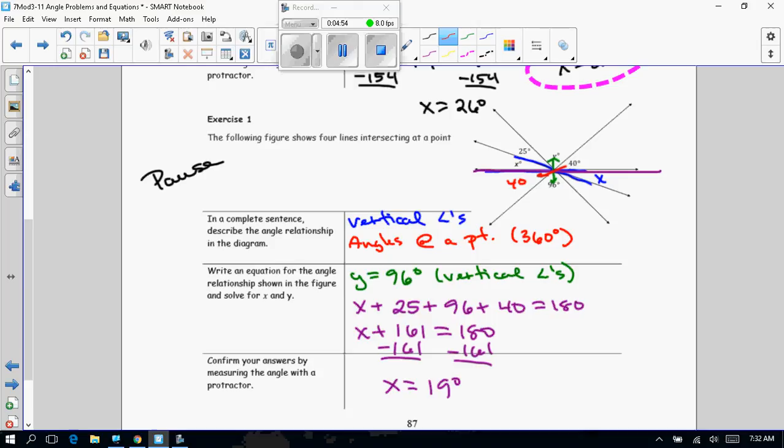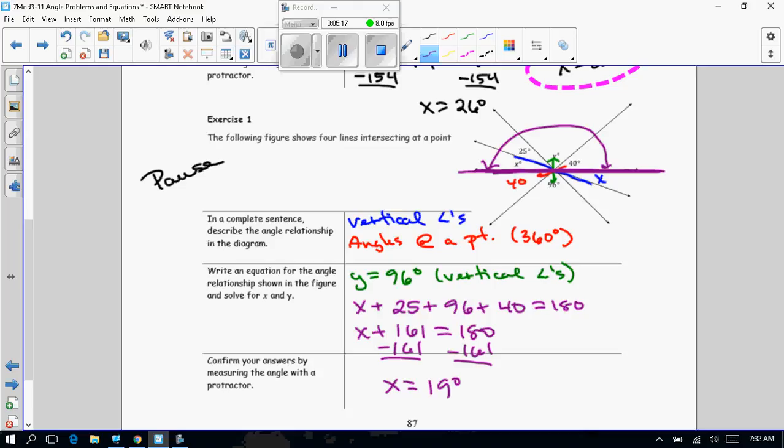Or you could see angles on a line, which is what I saw. My line was the purple one. So I added up all of these angles and set it equal to 180, and I found out that x was 19 degrees. You could plug in the x and the y into the whole thing, see if it actually did make 360 degrees, and it should.